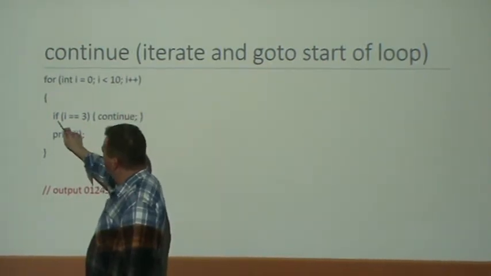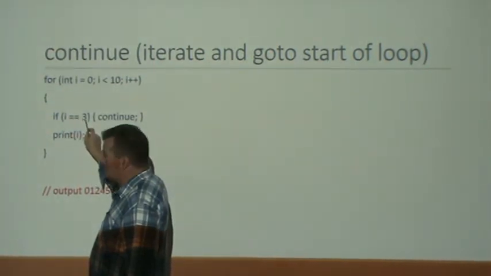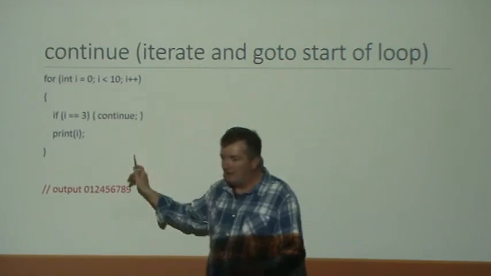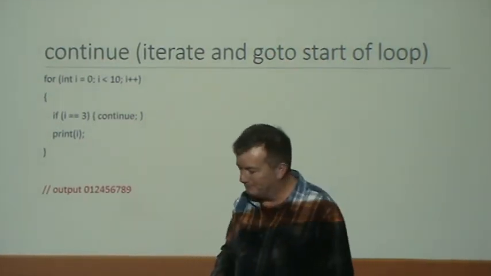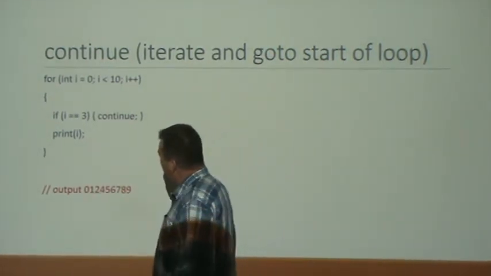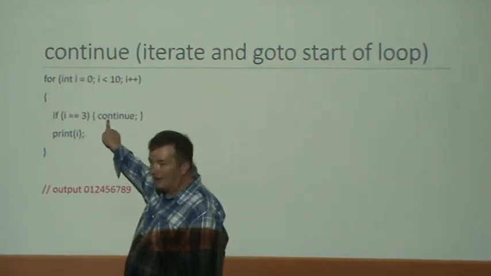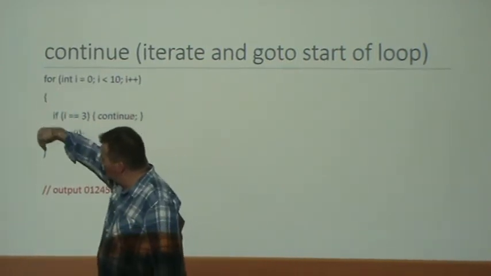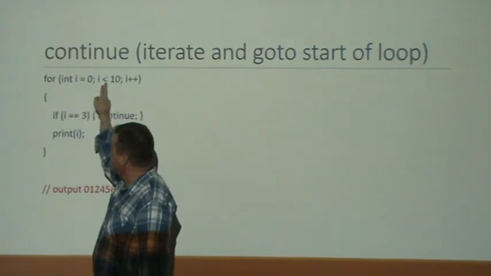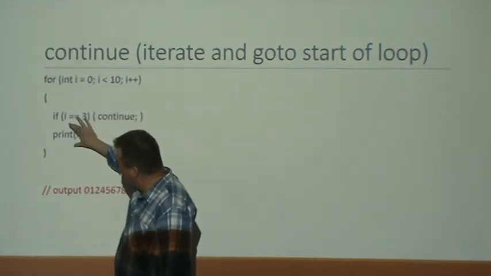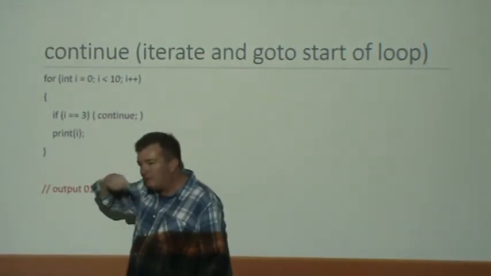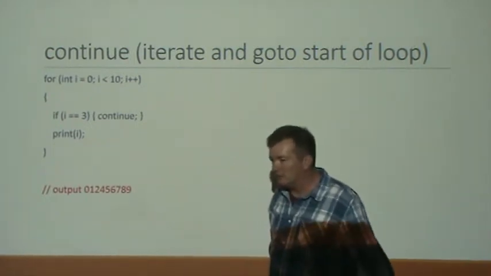And then we're going to say if I is equal to 3, we're going to continue. Now what does that mean? Oddly enough, what it means is we're going to break out of the loop, go down to the bottom of the loop, and then come back up to the top and keep going. In other words, the code after it will not run for that particular iteration of the loop.